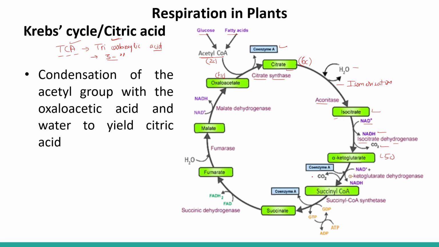Next there is a second decarboxylation and again carbon dioxide is released. NAD+ is converted into NADH. The enzyme involved is alpha ketoglutarate dehydrogenase, and it leads to the formation of a 4-carbon compound known as succinyl coenzyme A. Succinyl coenzyme A is then converted into succinate, a 4-carbon compound, and here GTP is produced from GDP.